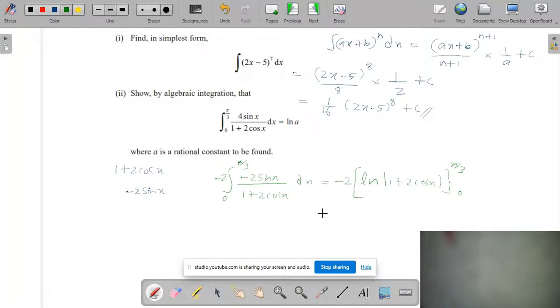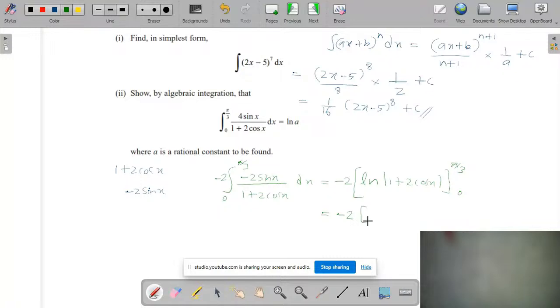So next step would be substitution of the upper limit and the lower limit and get the difference between them. I will keep minus 2 there. Then if I put pi by 3 for x here, cos pi by 3. That means cos 60 actually. So it becomes half, right? Then 2 into half.